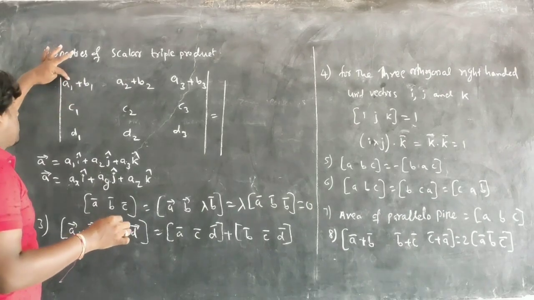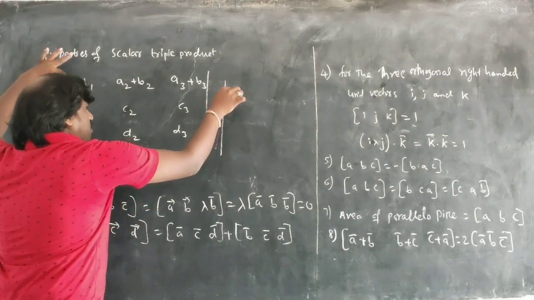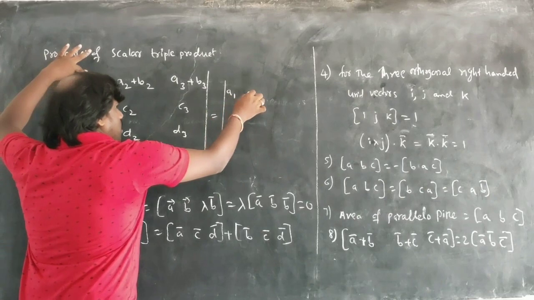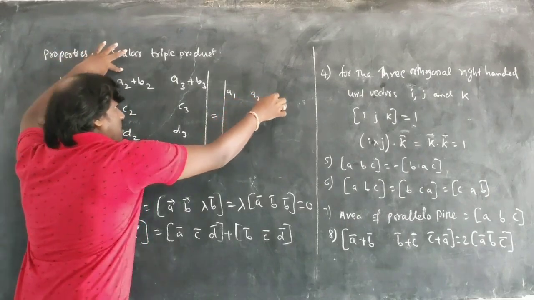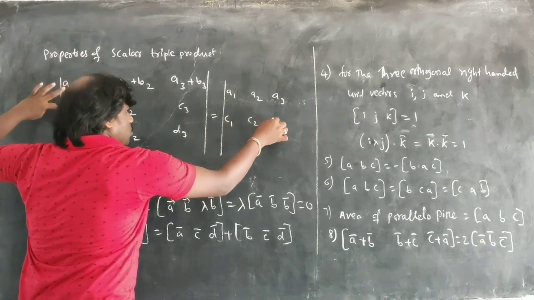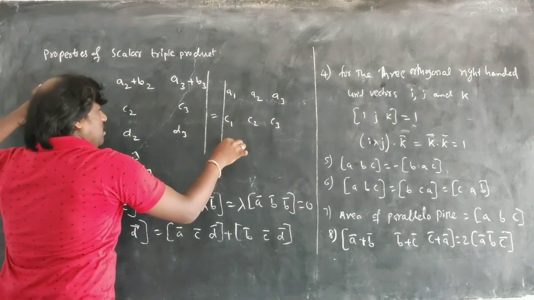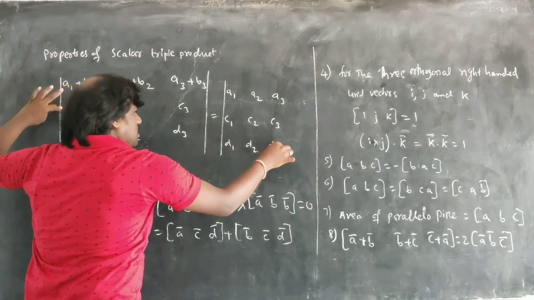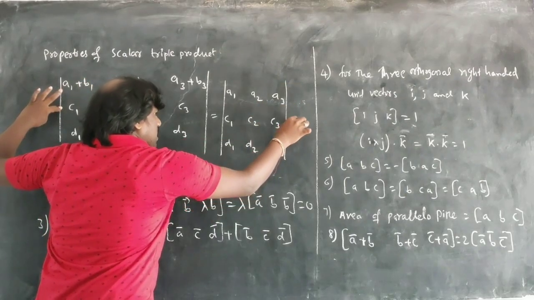What I want to say here, this can be spread as A1, A2, A3, C1, C2, C3, D1, D2, D3. This can be written like this, plus.